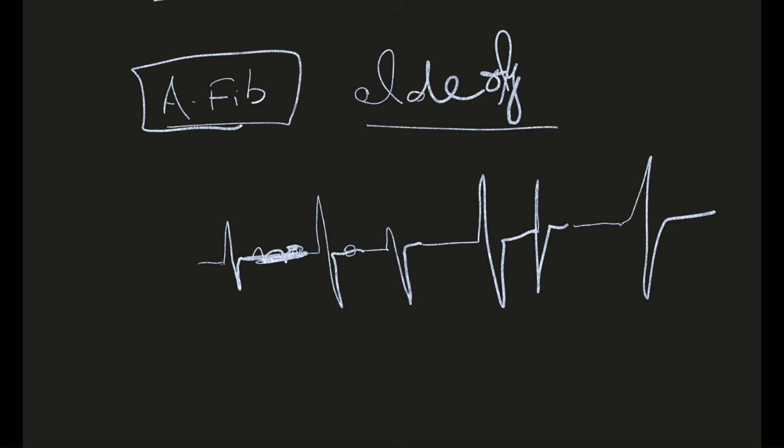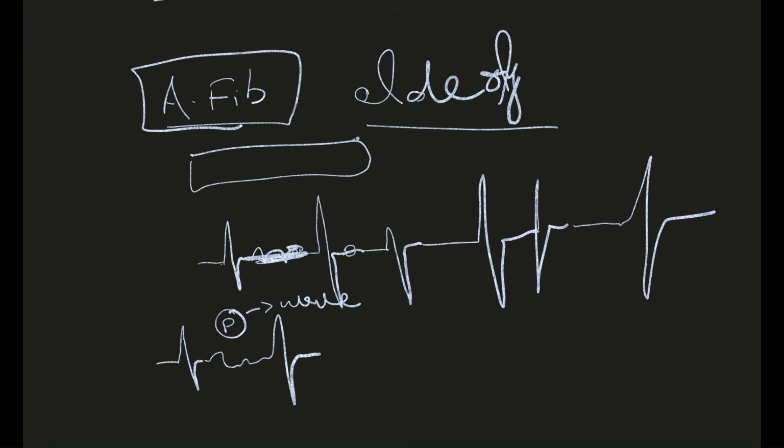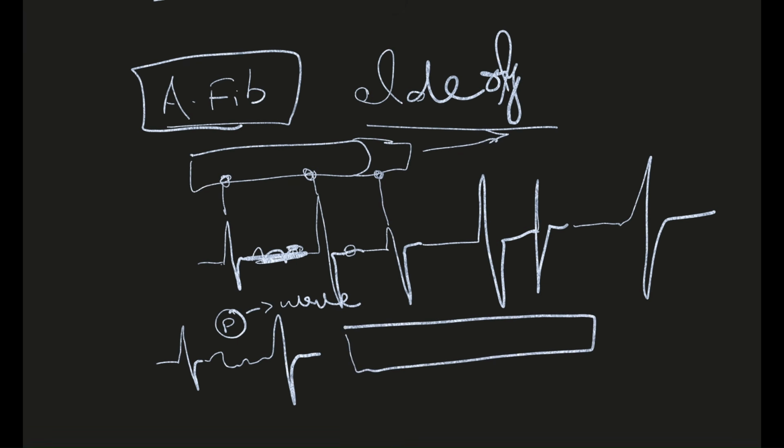All you see are some vibrations, the pattern will be like this, but there will be no clear-cut P wave. P wave will be absent. And if you place a piece of paper and mark these QRS complexes, and you move it to the adjacent QRS complexes, they will not fall on the adjacent QRS complex notch.